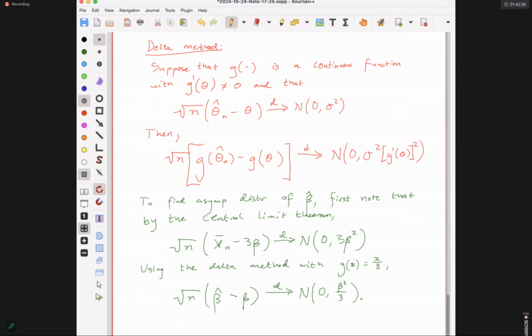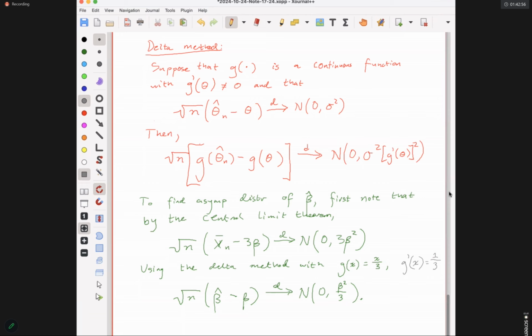Because we're using the delta method, which has this thing here, and for that one, we need to look at the derivative of g. And for this one, it's just 1 over 3.